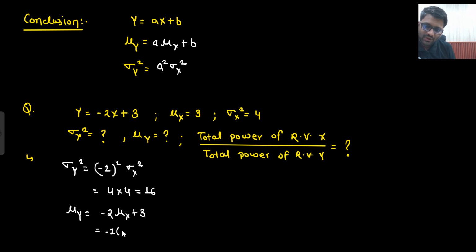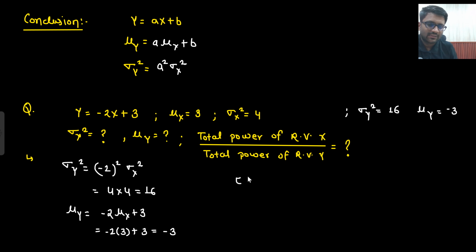So minus 2 into 3 plus 3, that is coming out to be minus 3. So what all answers have you got? Till this point we have got that sigma y square is coming out to be 16 and mu y is coming out to be minus 3, right?